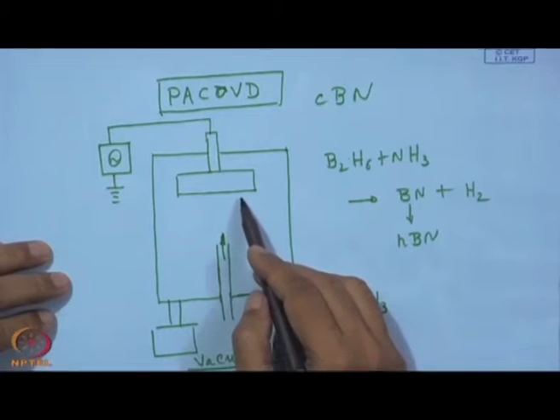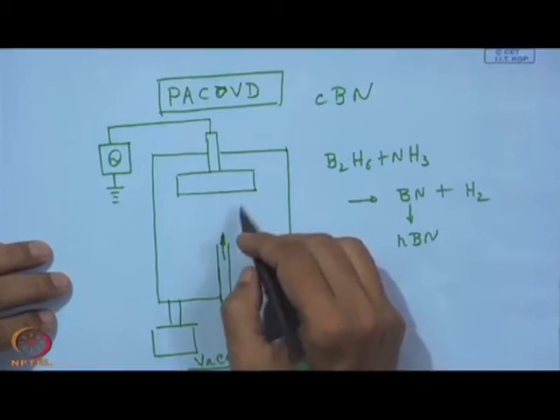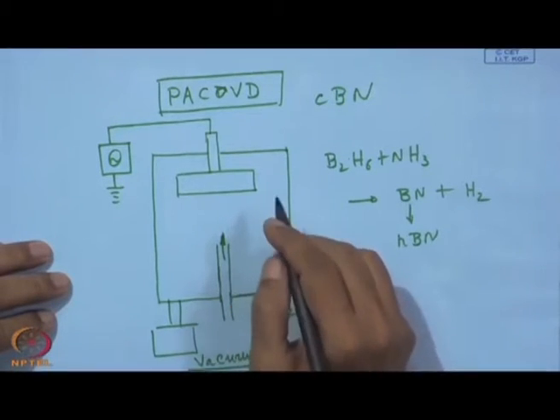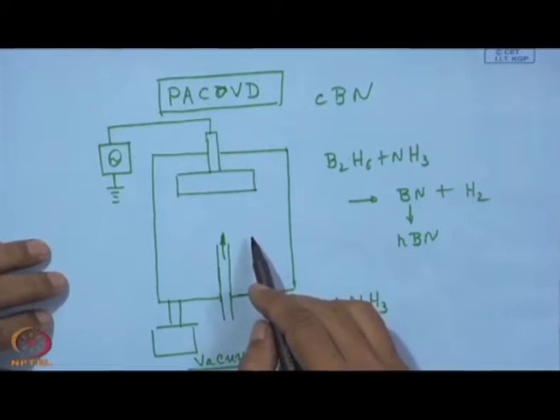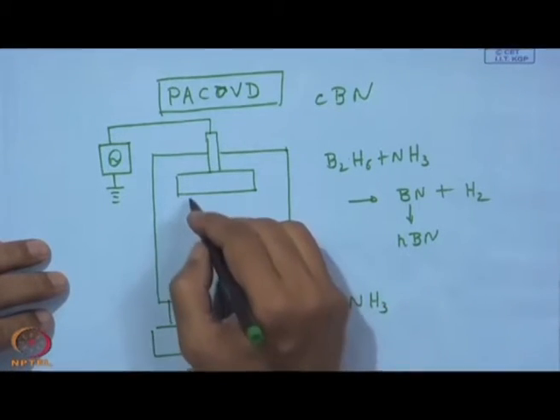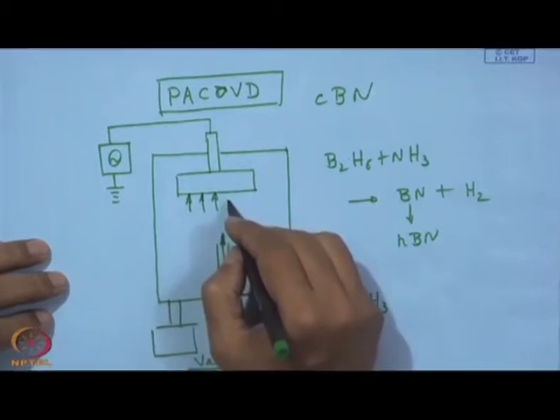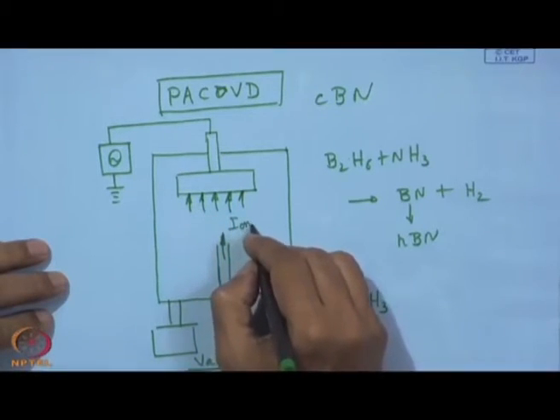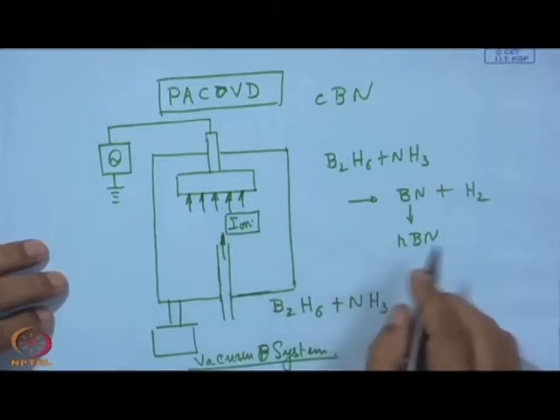So they will oscillate, and in the process they can break some of the neutrals, liberating ions. Finally, it is ions which are going to impinge on this surface.